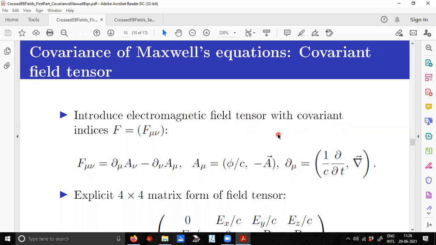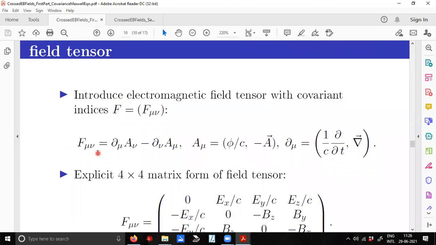I want to write electrodynamics in terms of 4-vectors and in terms of tensors, second rank tensors, and it goes on like that. I define an electromagnetic field tensor, its definition, with covariant indices. That is, I write covariant indices and then define contravariant. So F_{μν} is defined as ∂_μ A_ν minus ∂_ν A_μ.